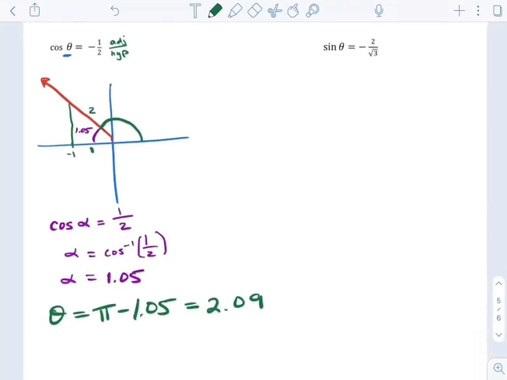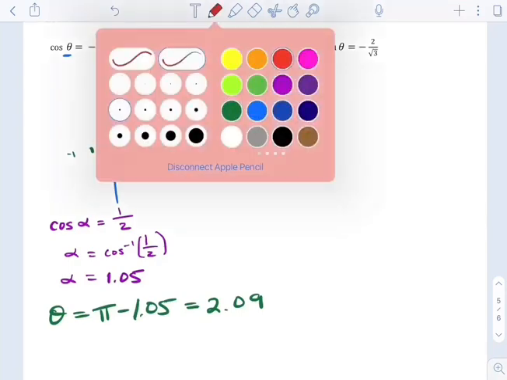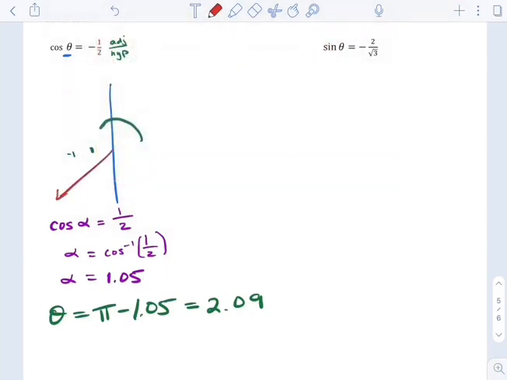The second one is going to be similar. As we had before, it was in the second quadrant. Whoops. Didn't realize I deleted that one. In the second quadrant with that same related acute angle, 1.05. So in this case, if I'm looking for my principal angle, well, it's gone all the way around plus 1.05.